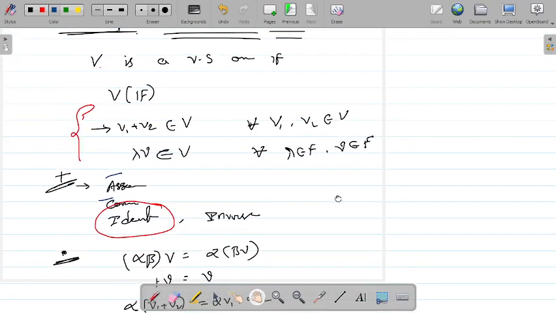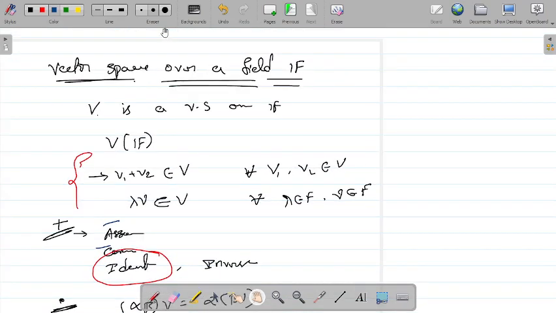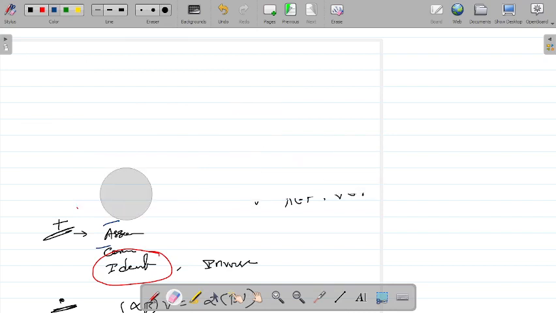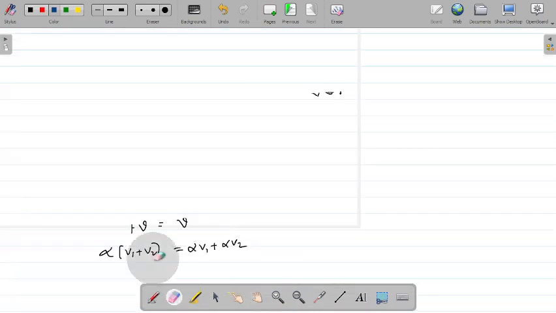Okay. So let us assume that you have a vector space over field F. So let V over F be a vector space.